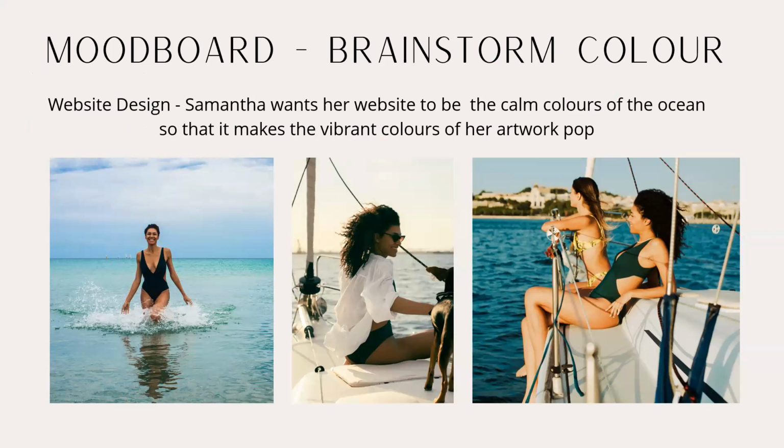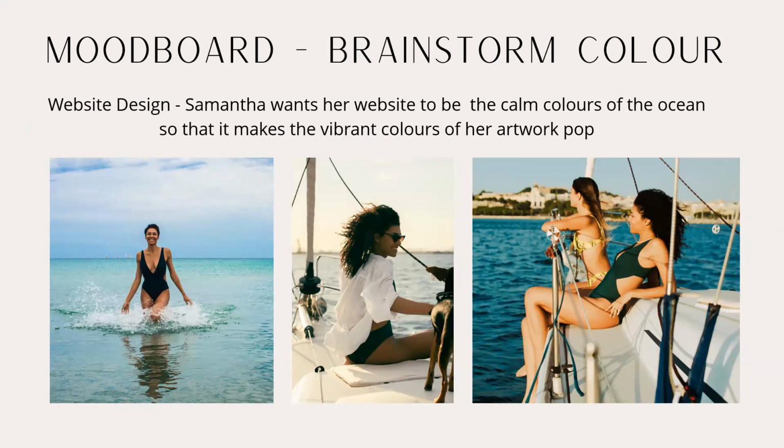So I then went rogue. So I decided I was going to put a mood board together and I wanted to brainstorm some ideas to come up with a color palette for Samantha. So Samantha, her art is very vibrant. It's quite bright.